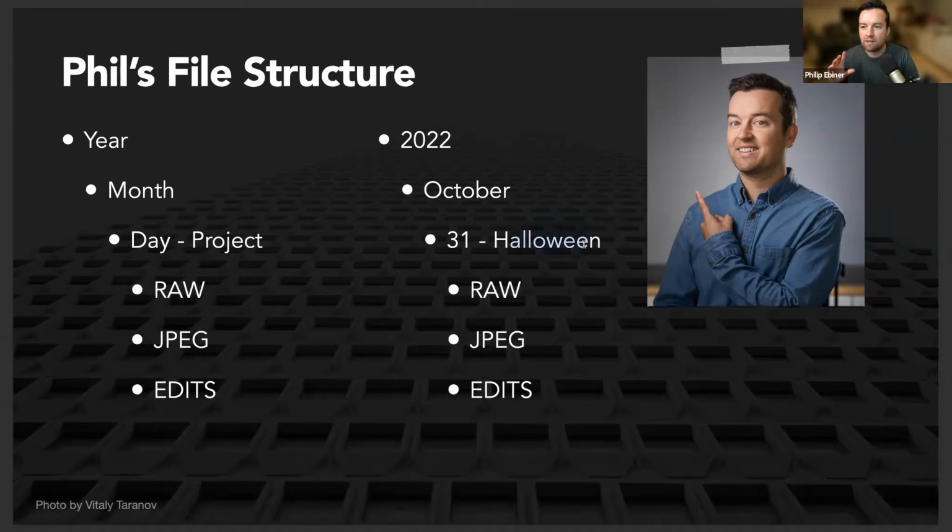Kind of like you said, I have the keyword for what the shoot was that day. If it's October 15th, family portraits, I understand that. And then underneath that folder, I have folders for my raw photos, the JPEG, because I do shoot raw and JPEG, and then my edits folder as well. Right.